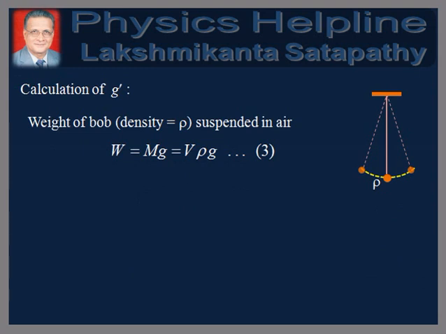Now we will find the value of g dash as follows. If the density of the bob is equal to rho, then its weight is given by W is equal to mg, which is equal to V rho g, where V is the volume of the bob.